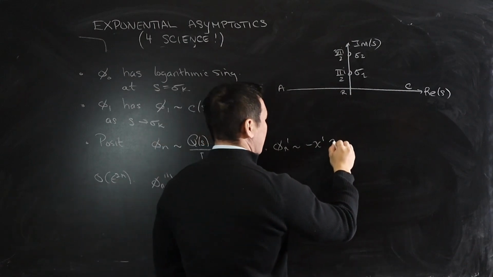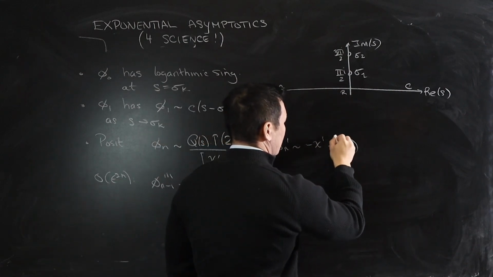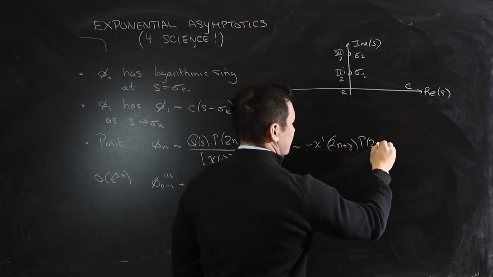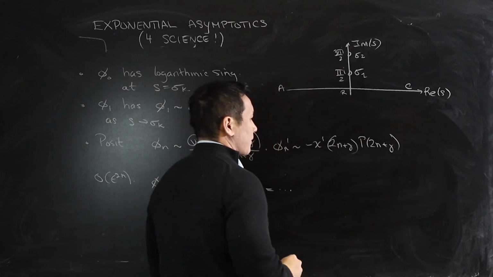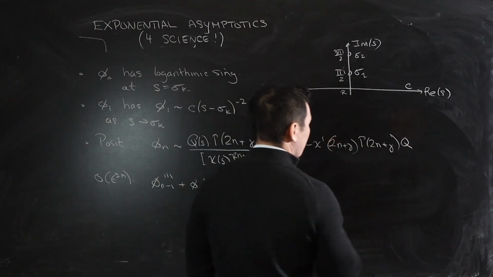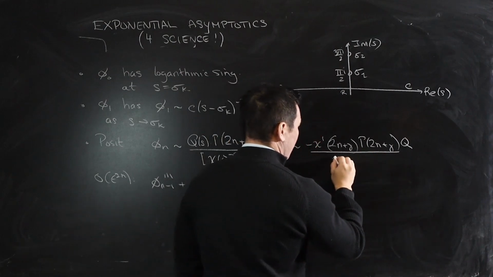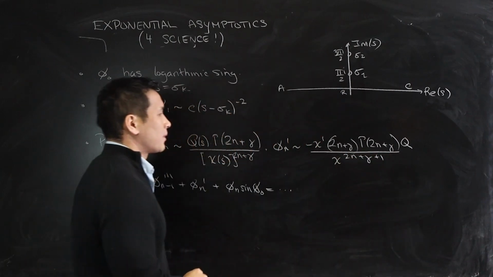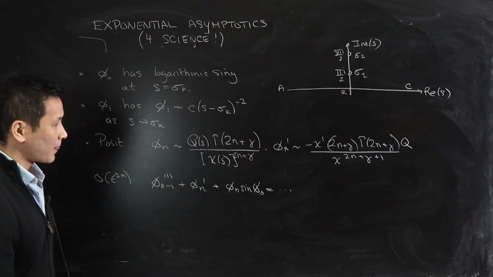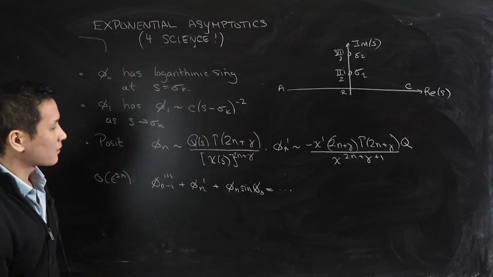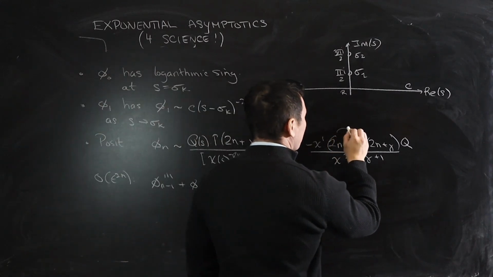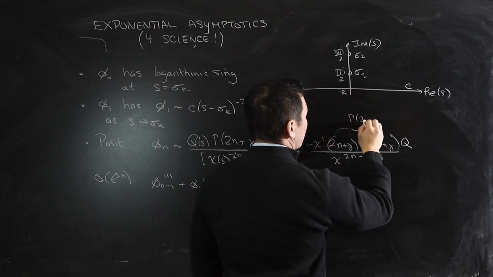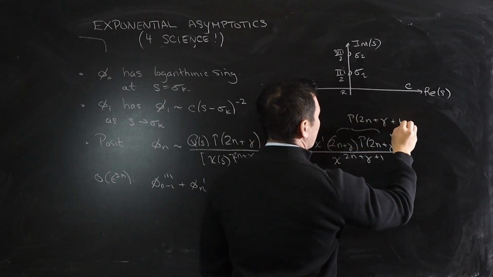I'll have a 2n plus gamma times a gamma function of 2n plus gamma times a q over chi to the 2n plus gamma plus 1. And you can see this one here is equivalent to gamma function of 2n plus gamma plus 1.